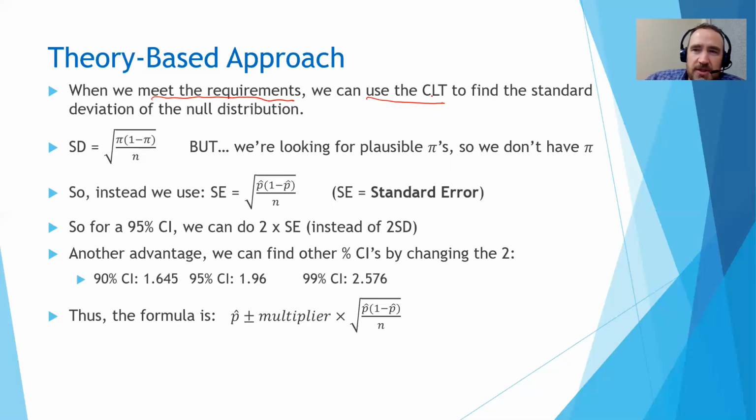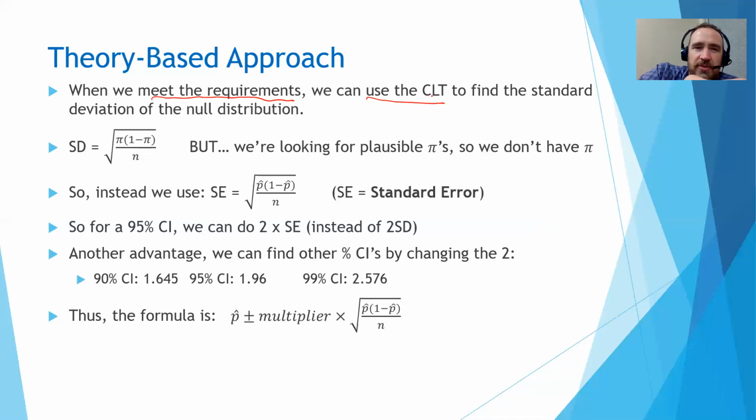The requirements are, once again, the same as what we saw when we talked about the theory-based approach with a single proportion. We need at least 10 successes and 10 failures in our sample in order to use the central limit theorem.